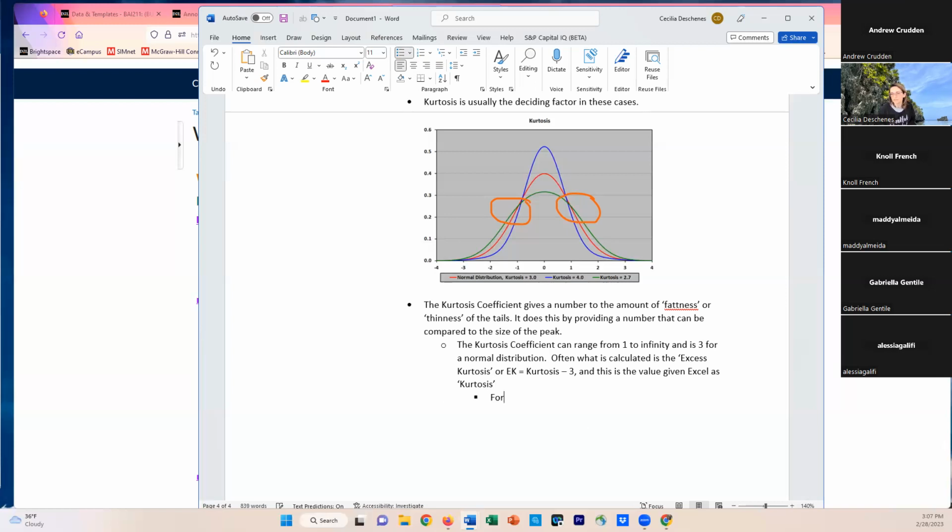So to emphasize it again, for a normal distribution, Excel will say kurtosis is 0. But Excel is actually providing excess kurtosis.